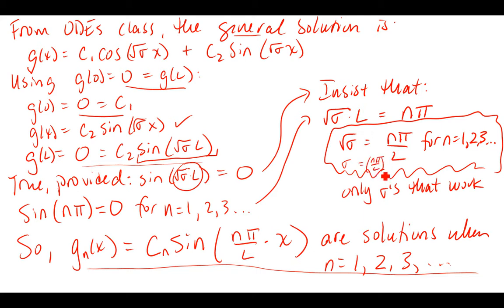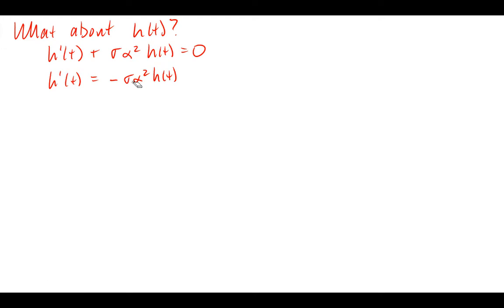It's not even worth mentioning, but that obviously means sigma is just the square of n pi over L. Well, that's what I'm going to use right now. This sigma, I'm going to replace with n pi over L squared. So sigma is really n pi over L squared, alpha squared, H of T.